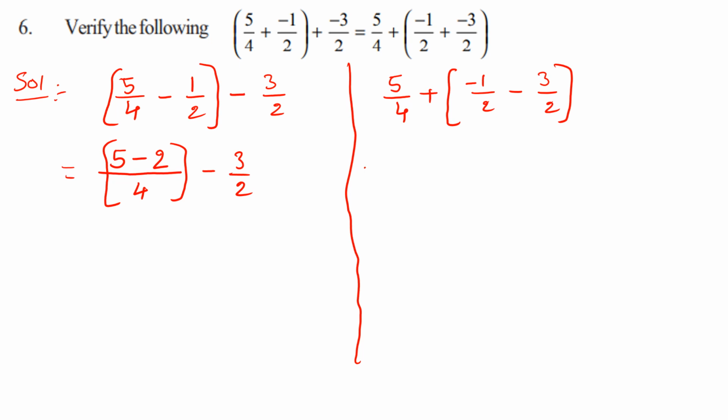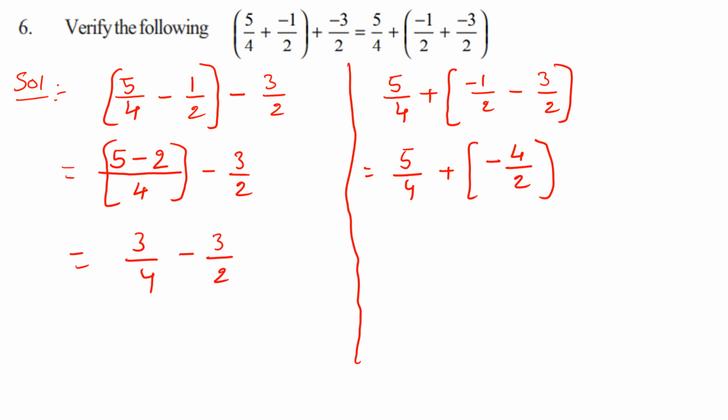Now this side, that is 5 by 4 and plus of this, these two are like fractions. That's why minus 1 by 2 and minus 3 by 2 is minus 4 by 2. Okay. So look at that. This one, 5 minus 2 by 4, that is 3 by 4 minus 3 by 2. Okay. So look at that. Again, the LCM is 4 and 4 ones are 4.